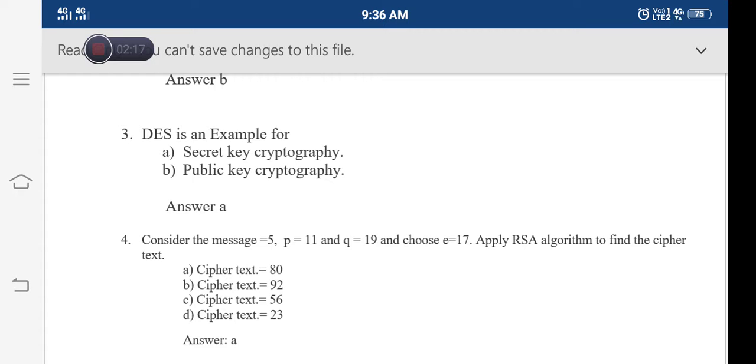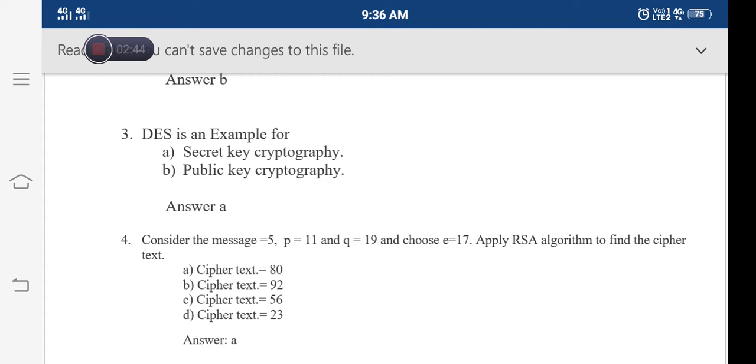Now the fourth question is with respect to the RSA algorithm, to find the ciphertext. The message M is given, P is 11, Q is 19. So you will calculate the N value. N will be the multiplication of 11 and 19. And the phi value will be calculated, which is (P minus 1) into (Q minus 1).